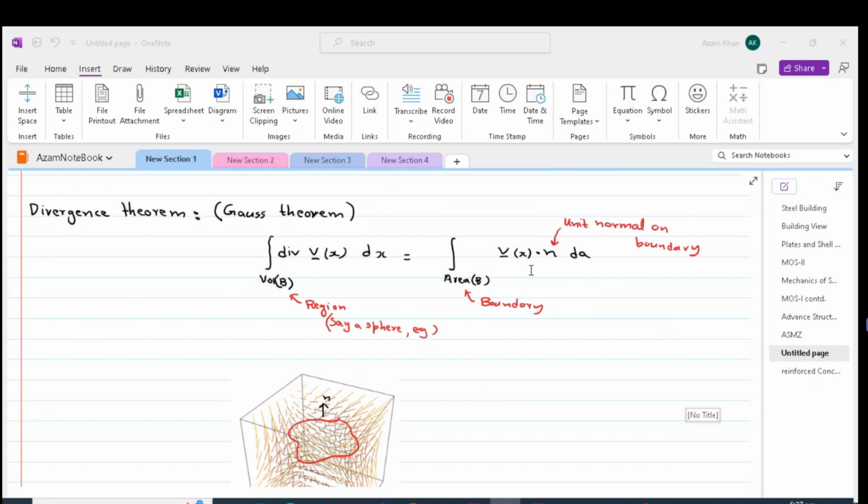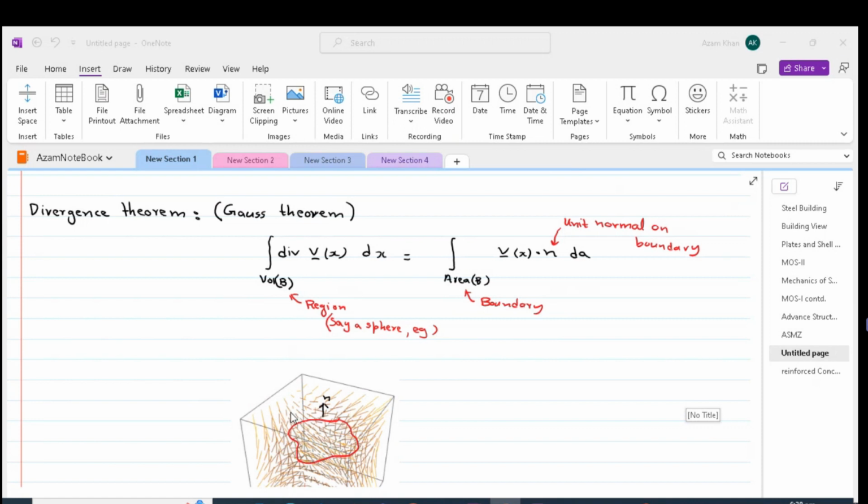Thus, this theorem tells us that we can convert a volume integral into a surface integral or a surface integral into a volume integral.